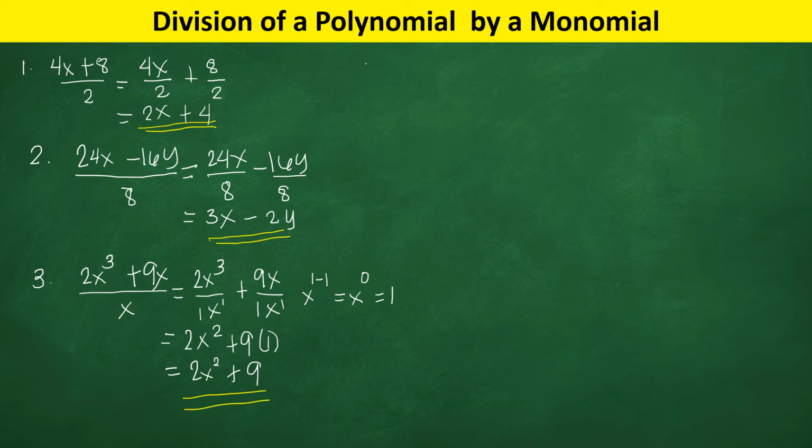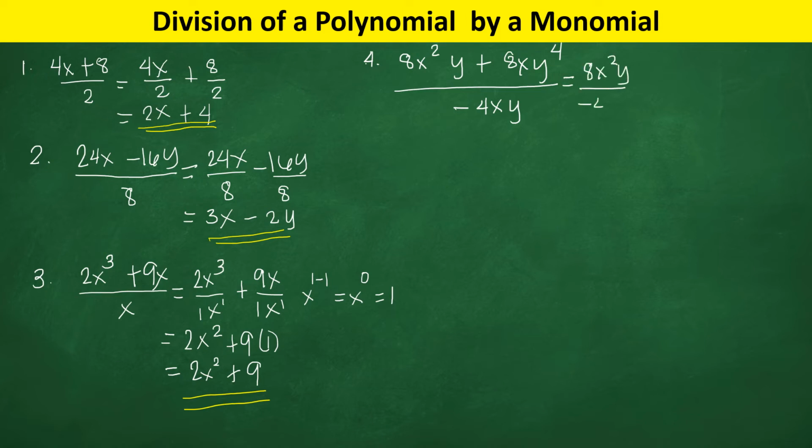For our fourth example, if we have 8x squared y plus 8xy to the fourth power all over negative 4xy. So let us break it down. So we have 8x squared y over sa negative 4xy plus 8xy to the fourth over sa negative 4xy.